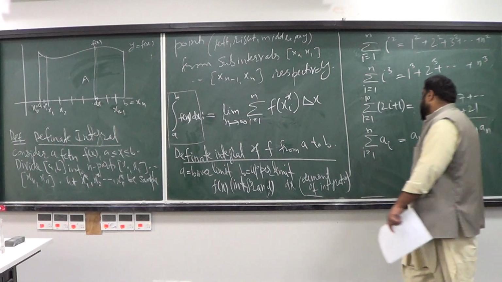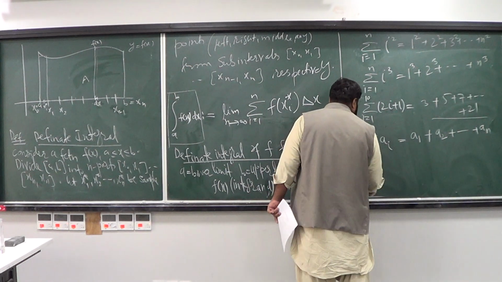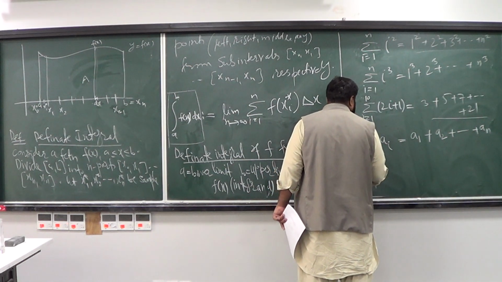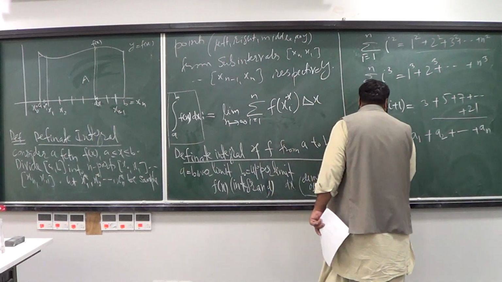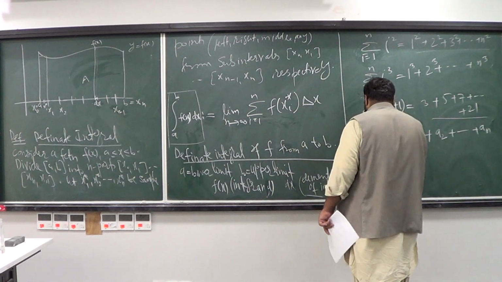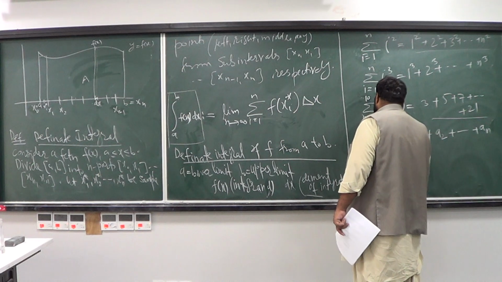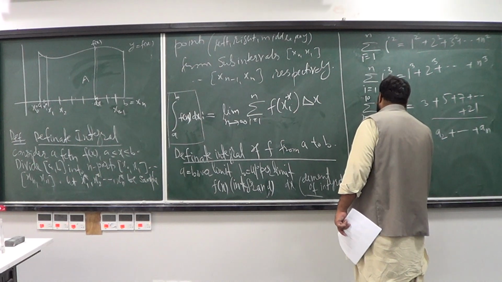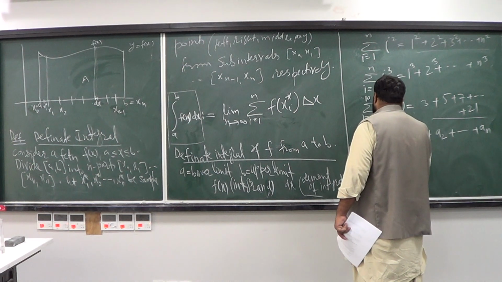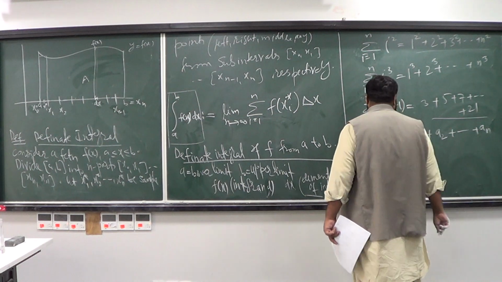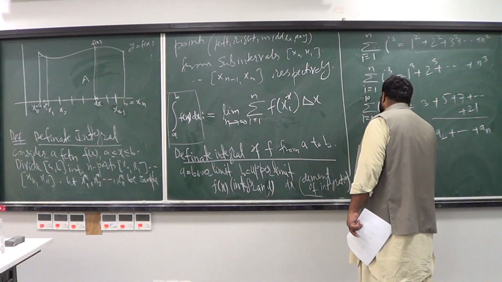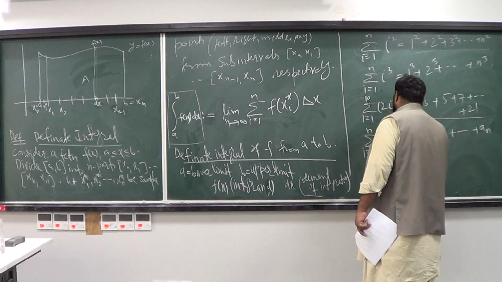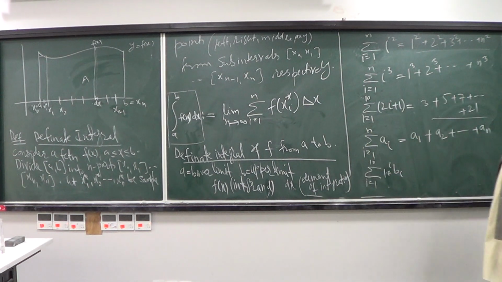For example, I say I have a sum that goes from i equal to 1 to 10, and I have 10 to the power i and b_i. Okay, so this is the formula, 10 power i b_i. So what does this mean?